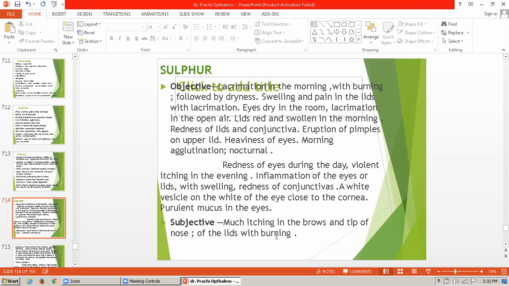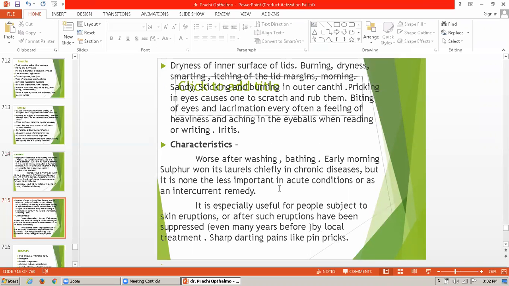Subjectively, there is much itching in the eyebrows and tip of the nose, and of the lid with burning. In Sulfur there is dryness of the inner surface of the lid and burning with dryness, smarting pain and itching of the lid margin.